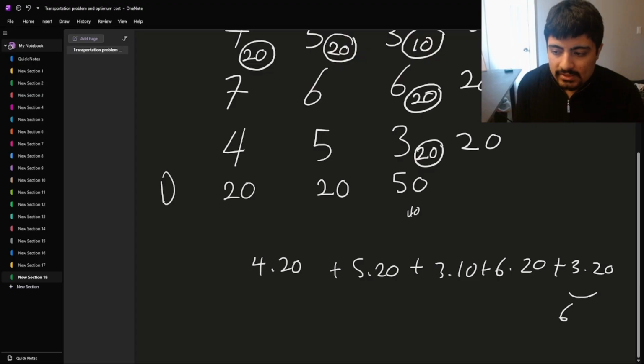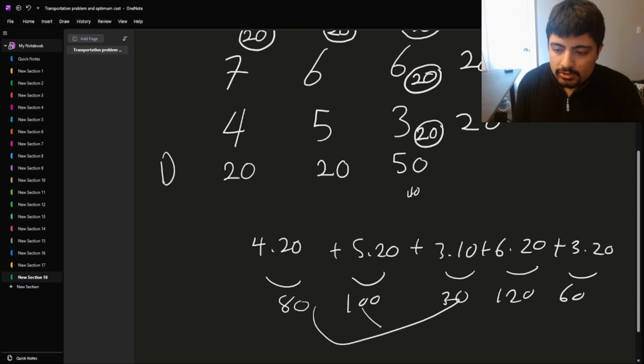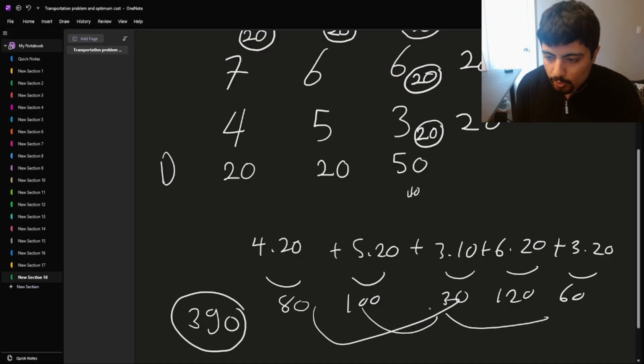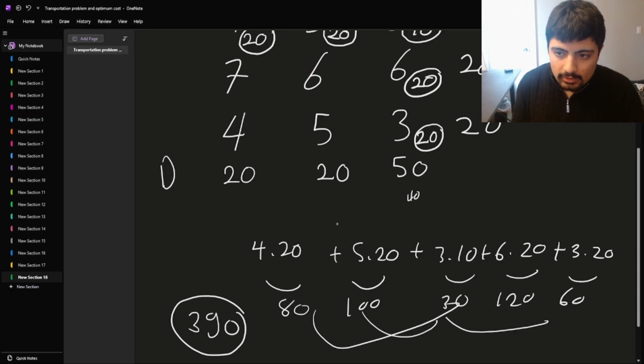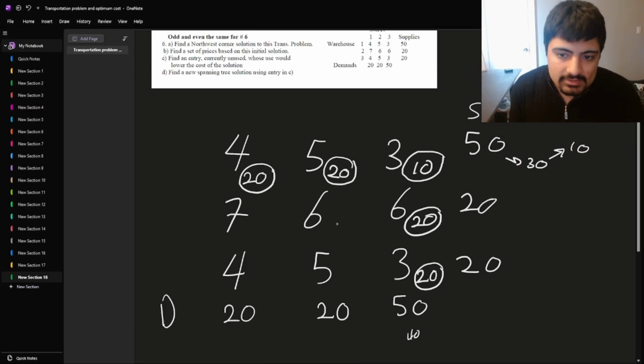And this will be 60, 120, 30, 100, and 80. And if you add these up, 200, 330, and 390. $390 is our total cost for this initial set. But what we want to do is find the most optimal.